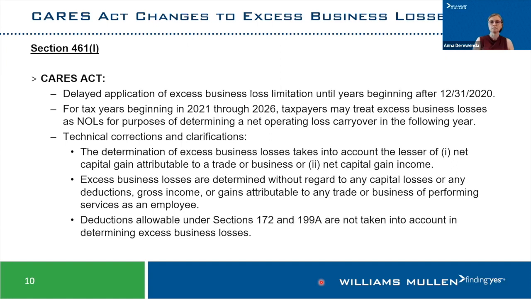That means for losses incurred in 2018, 2019, and 2020, taxpayers are no longer subject to that limitation. And the CARES Act also made some technical corrections and clarifications. So those are the two major changes to how losses are used that we saw in the CARES Act.